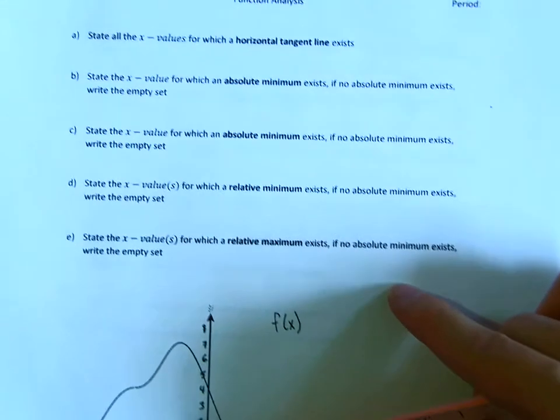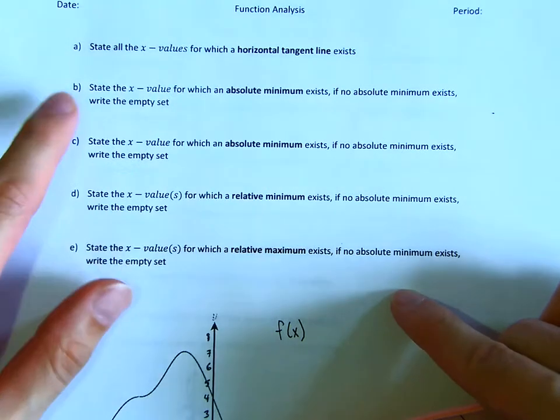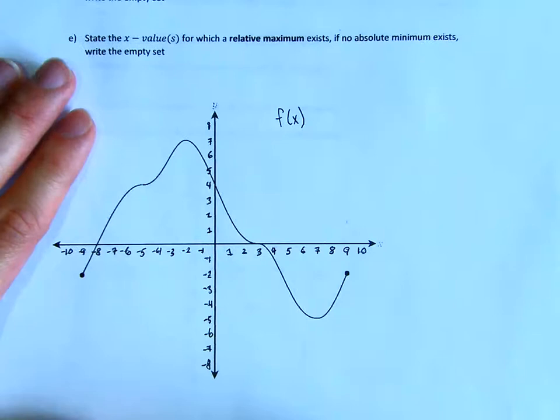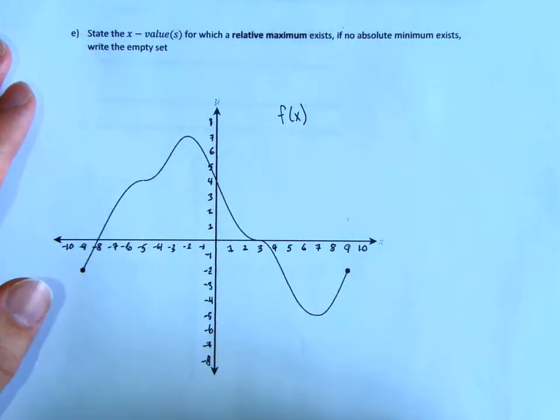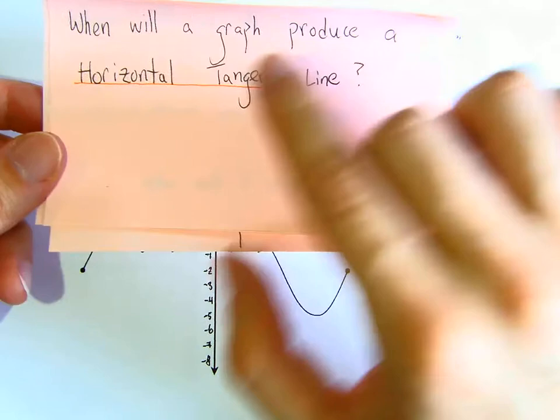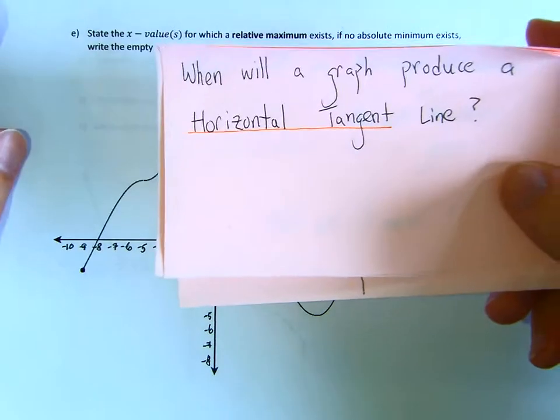Let's look at letter A. It says state all the x values for which a horizontal tangent line exists. So when you take a look at this graph, visually, take your time, but when will a graph produce a horizontal tangent line?